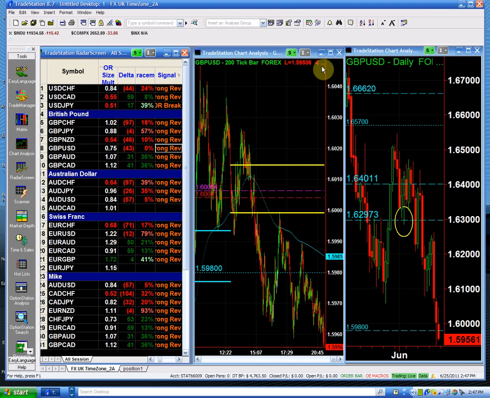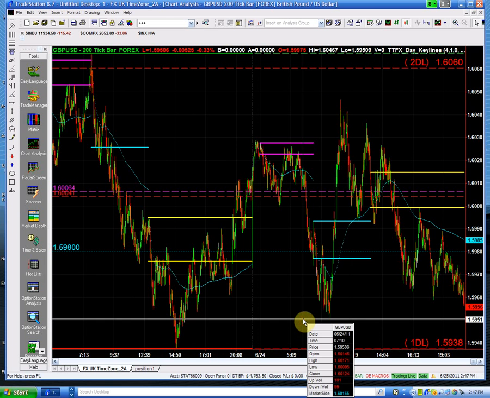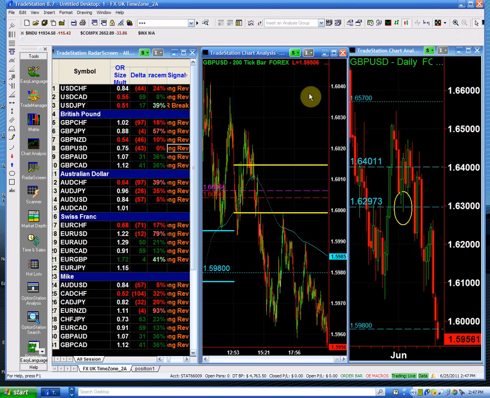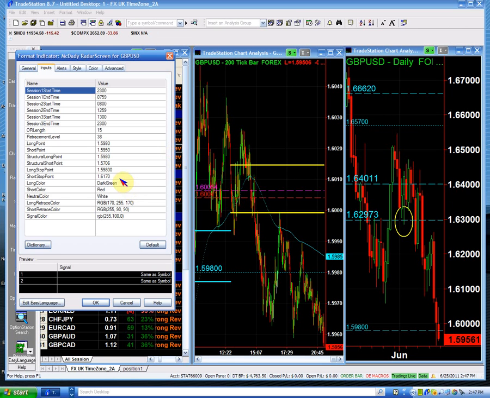And if I take it below 159.50, I can place my stop above the structure point of the 159.80. So in this case, the structure point is going to be your stop on either side of the trade.